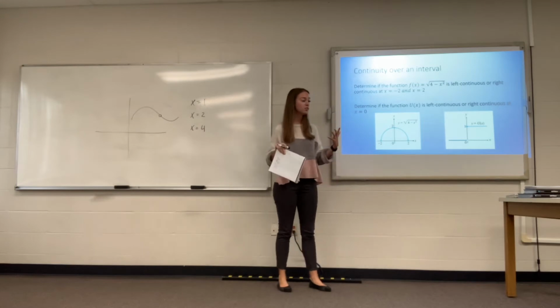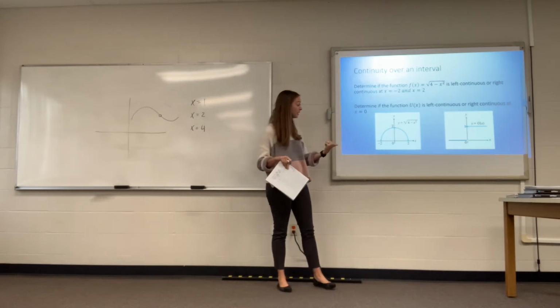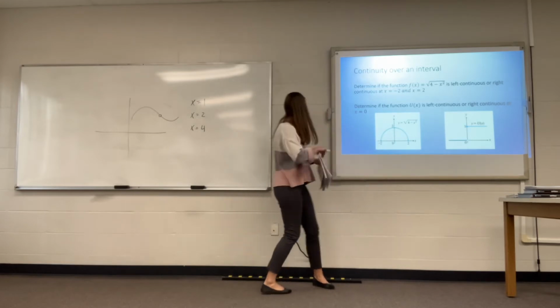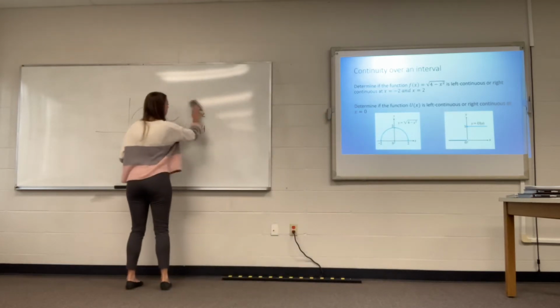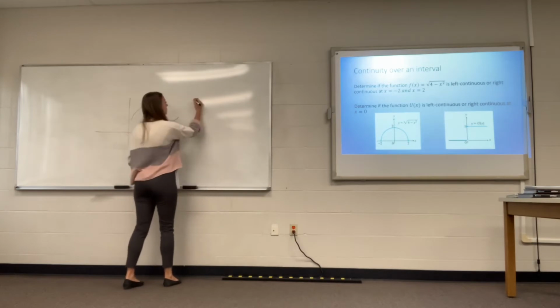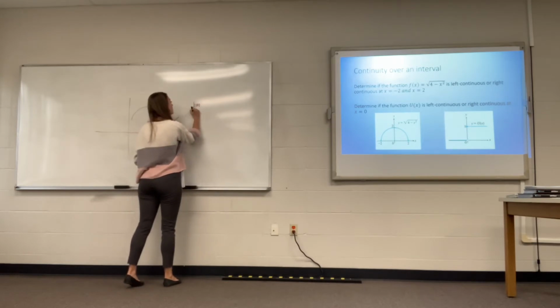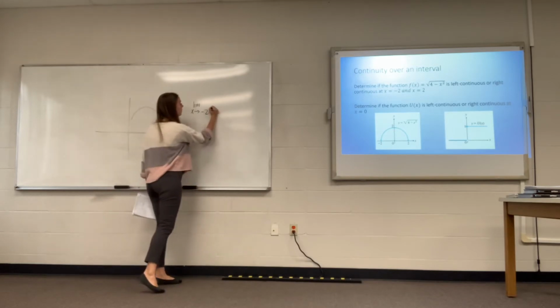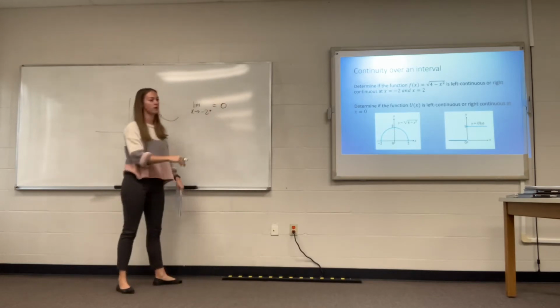And I am right continuous because the limit as x approaches -2 from the right side is going to equal 0.